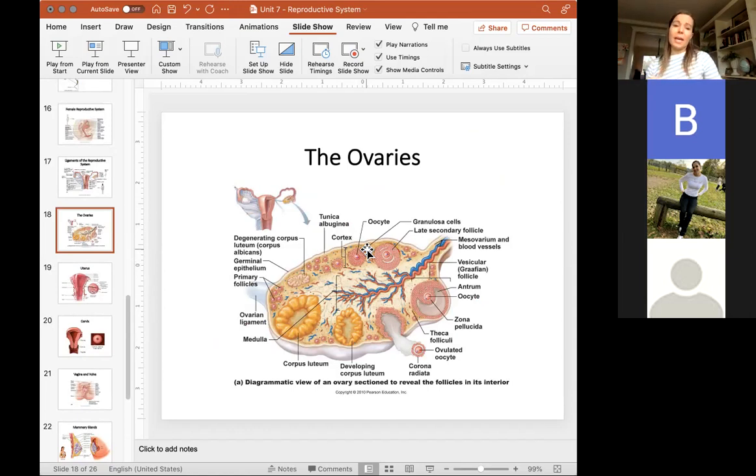The whole thing is called an oocyte. The actual egg cell, the actual ovum, is just what's right in the middle. And then surrounding it are all of these tiny cube-shaped cells. The whole entire thing, the egg plus all of those cells, is referred to as a follicle.